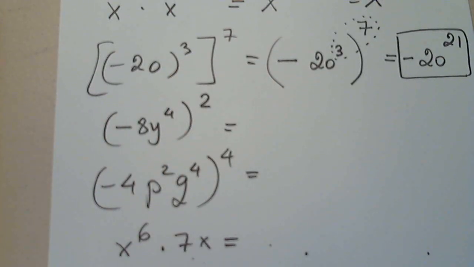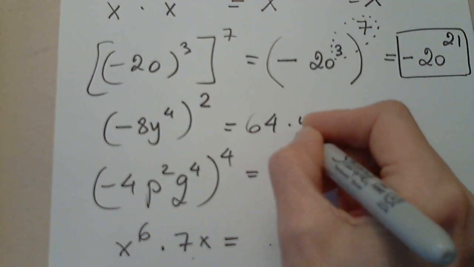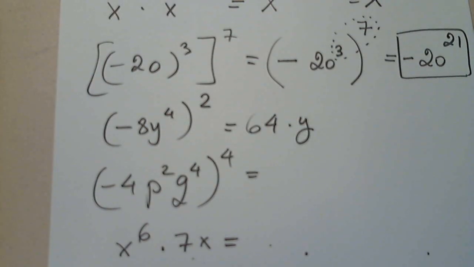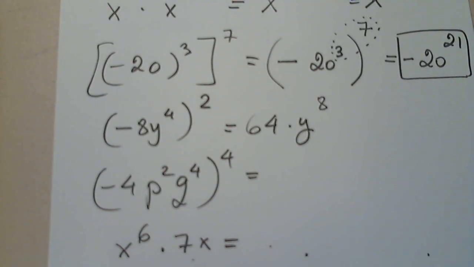What do we get? We cannot pick and choose. Everything has to be raised to that power. So negative 8 to the 2nd power is? Positive 64. Excellent. Times y to which power? 8th. Moving on to the next one.